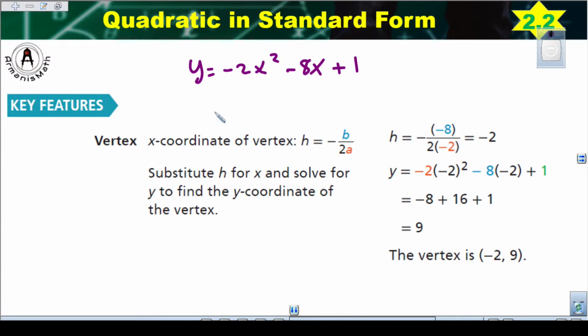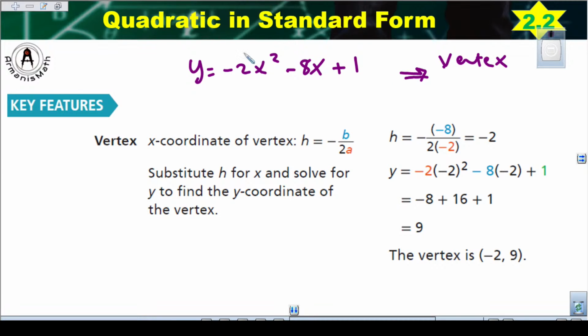Okay, now here's the deal. They wanted you to go from the standard form to the vertex form. So they wanted you to go from here to there, basically to find the vertex. So how do you find the vertex from standard?